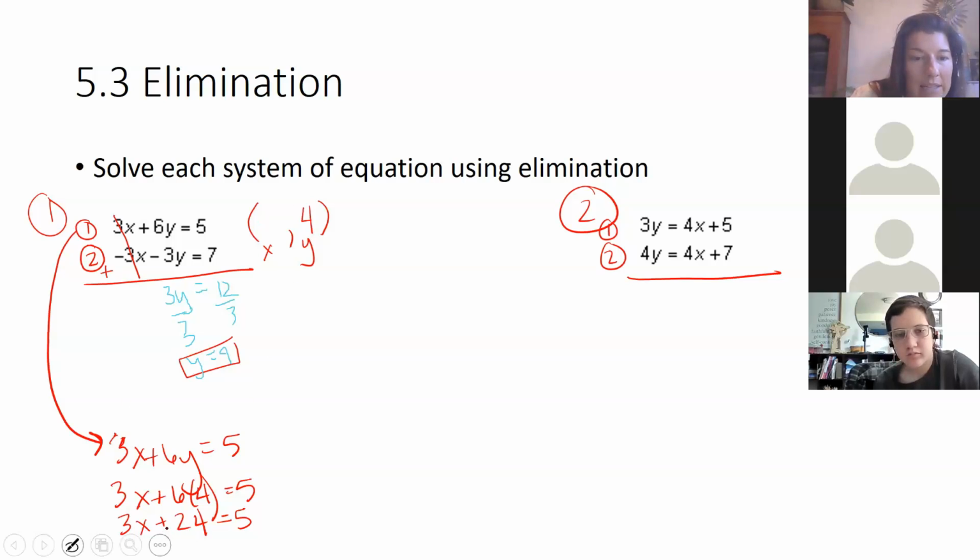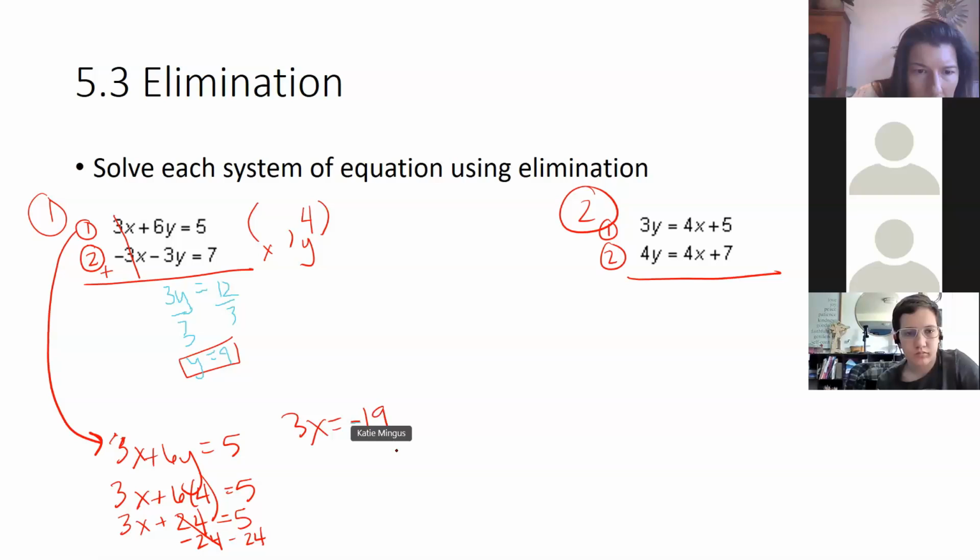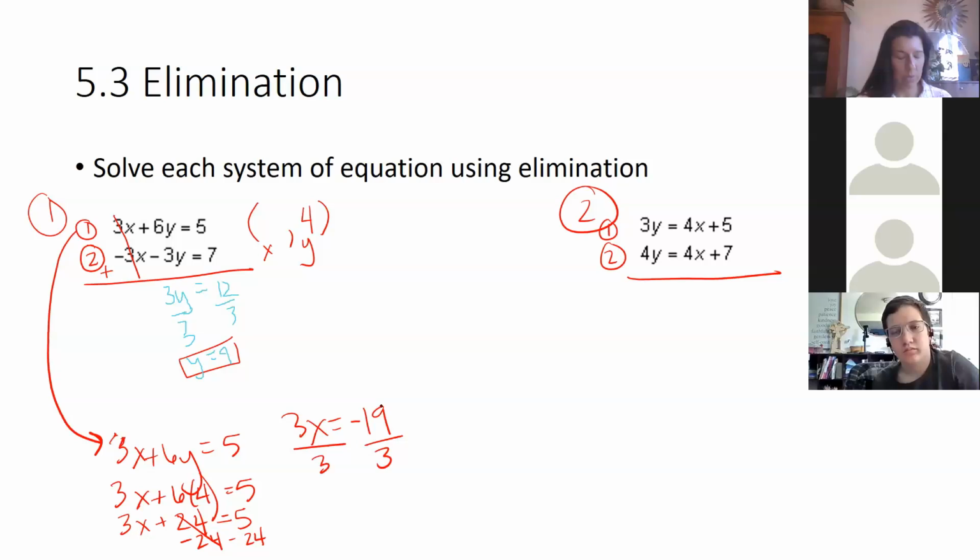Okay, subtract 24 from both sides. What do we end up getting here? 3x equals, what's that going to be? A negative 19? That seems really weird to me.